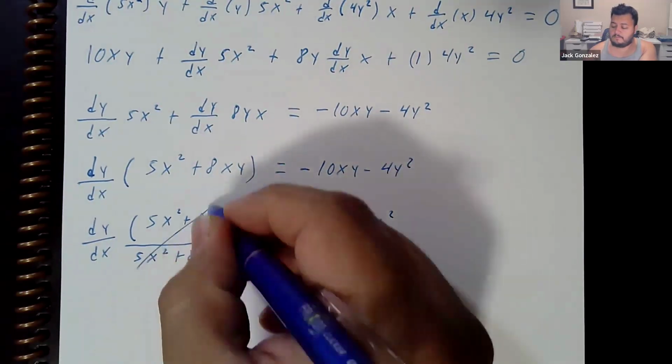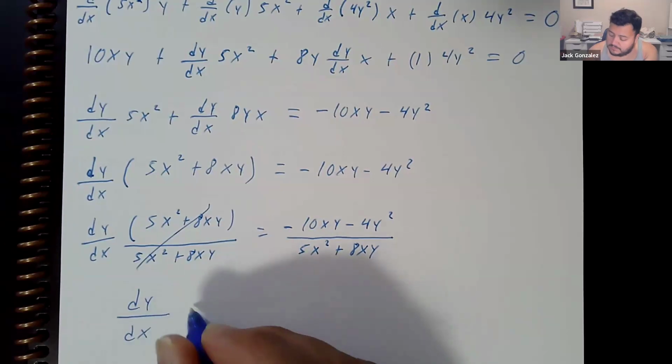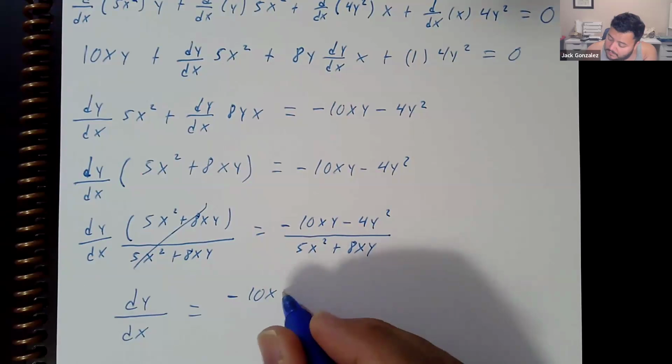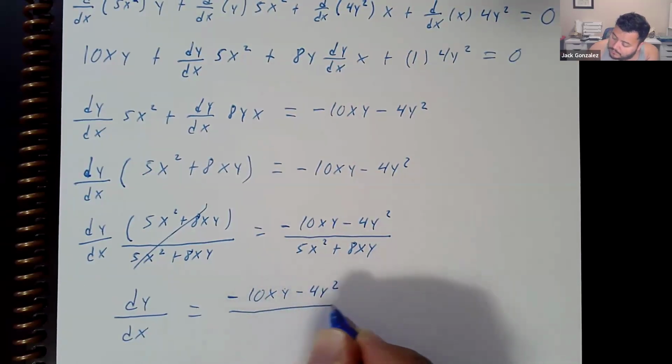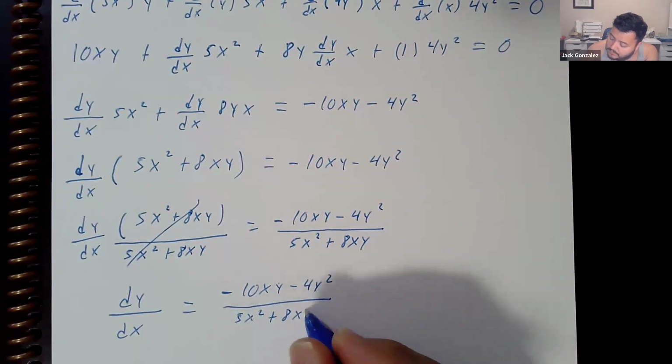So this is gone. So dy/dx is what they wanted. It'll be equal to (10xy minus 4y squared) over (5x squared plus 8xy).